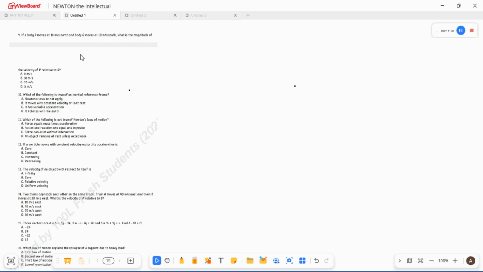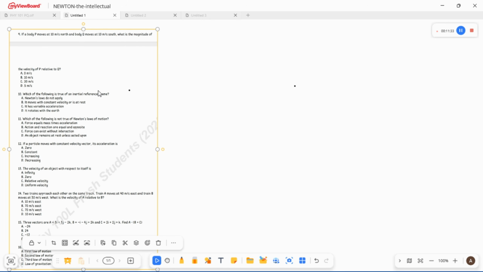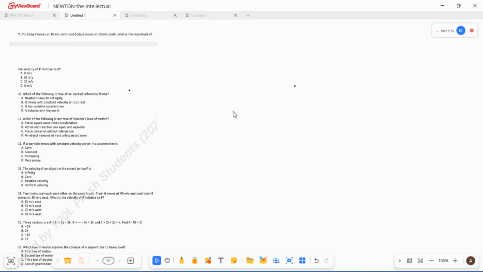I'm going to teach you a trick on how to always get the correct answer in this question. Now it says P moves with 10 meter per second to the north. North is upwards, right? This is for P, then this is for Q. They say Q moves 10 meter per second in the opposite direction, which is the south.